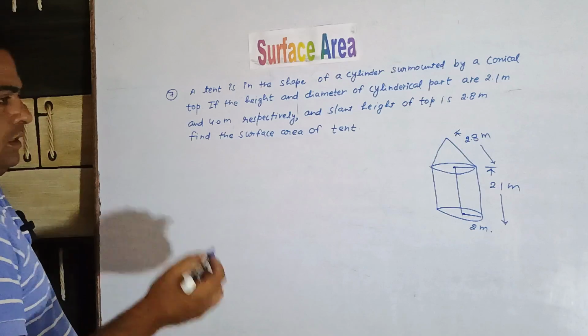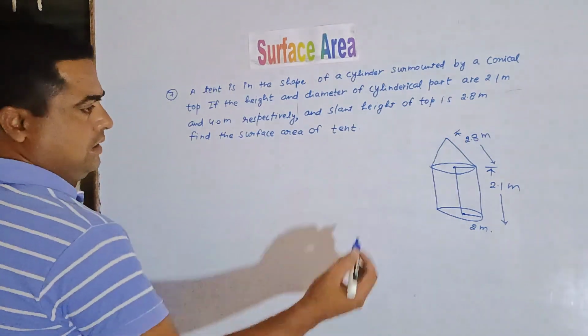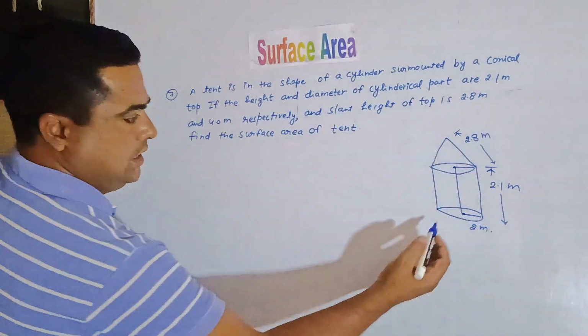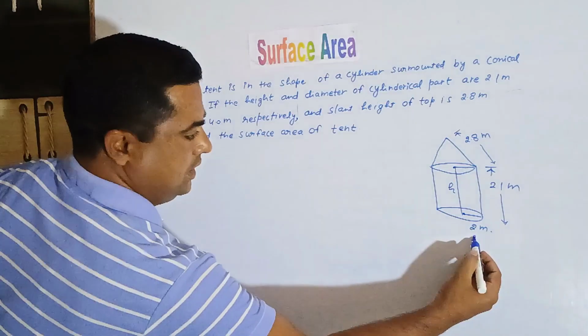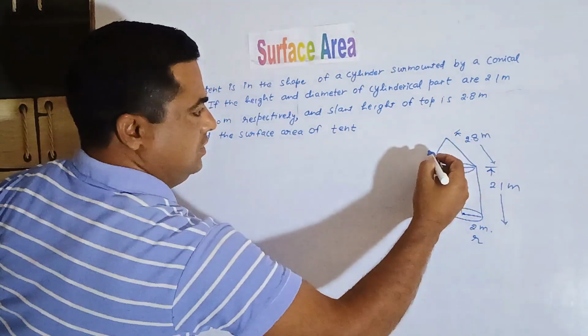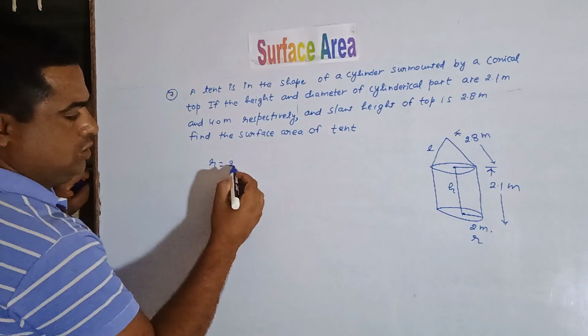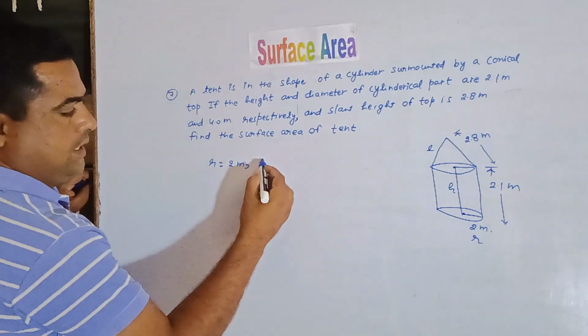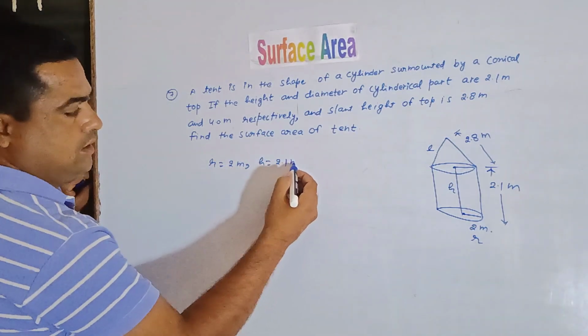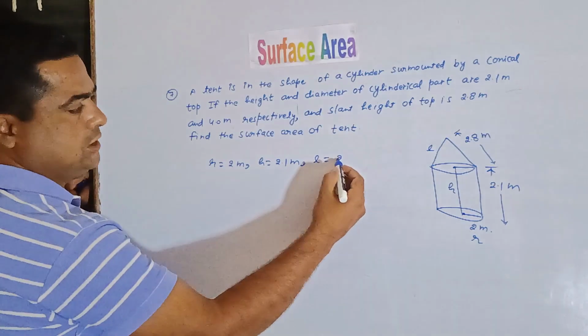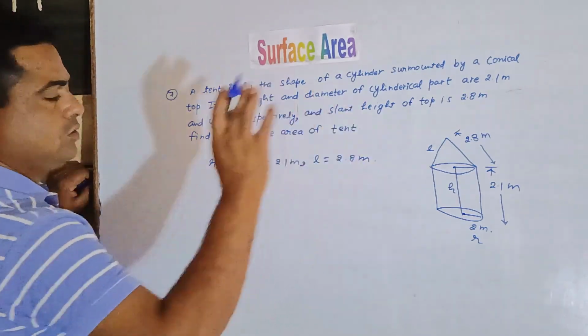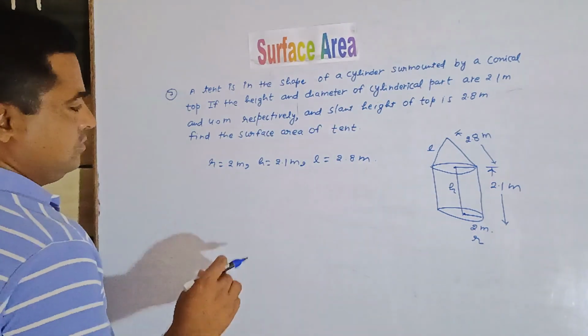Okay, now we will write here, let the height of the cylindrical part be h and radius be r, and the slant height of this cone be l. So the value of r is 2 meter, height is 2.1 meter, and slant height of the cone is 2.8 meter, correct?